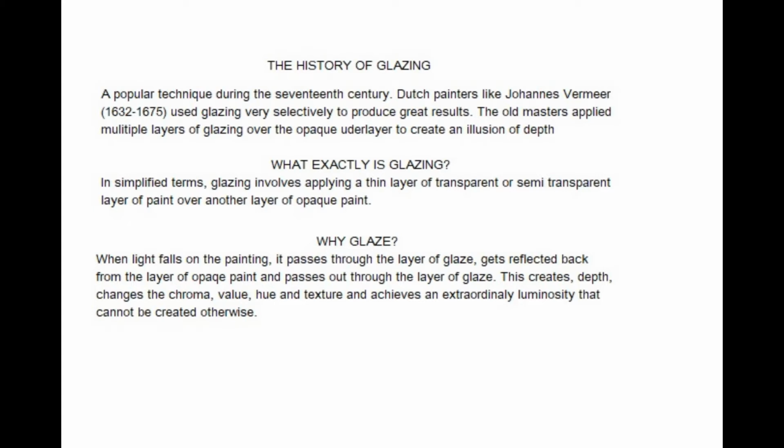And when you see that light coming out through that transparent glaze, it changes the chroma, value, hue and texture, and achieves an extraordinary luminosity that cannot be created otherwise, which means that you have to do glazing to get those effects. There's no other way you can get those effects.